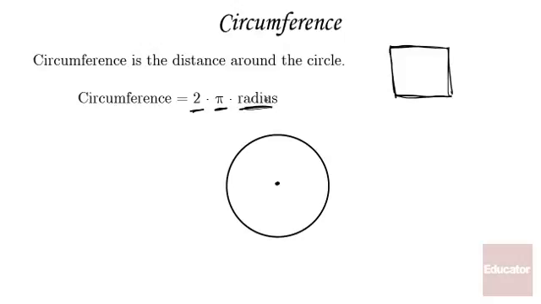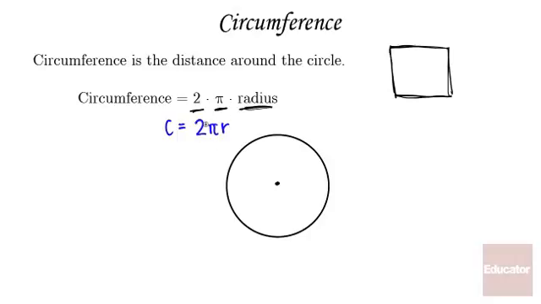So we can do 2 times pi times the radius, or radius times 2 times pi, or pi times radius times 2. In short, the circumference is 2 pi r.